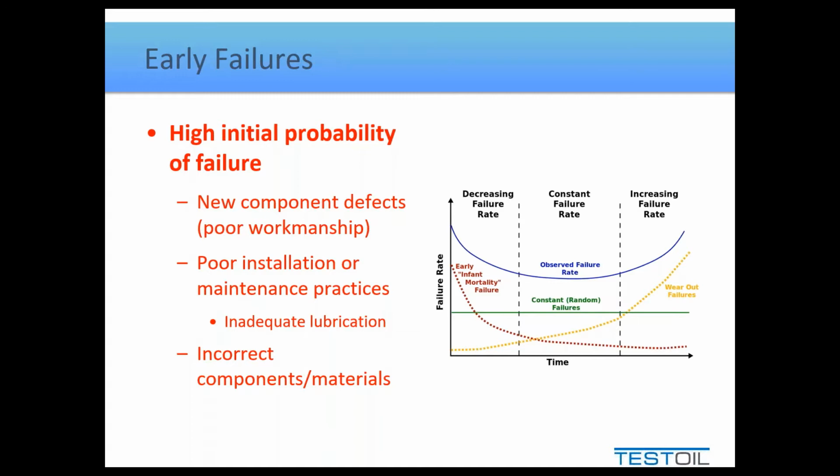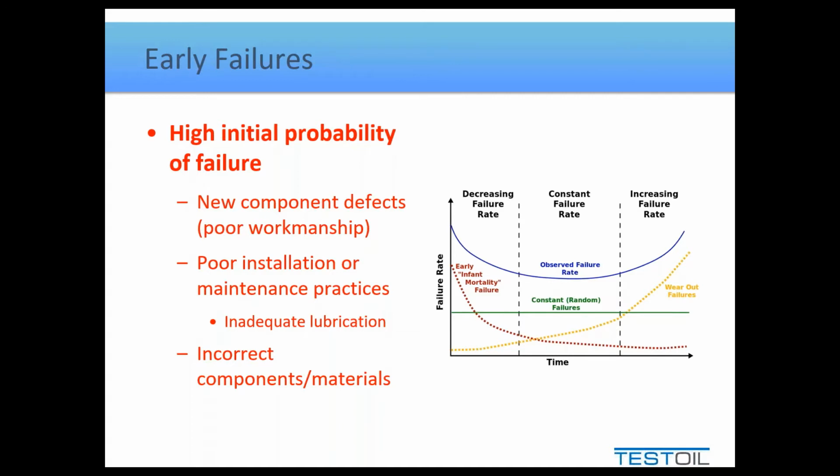Now, why we call it infant mortality is because one of the leading causes of these failures happens within the first few hours, and that is often due to an installation error or an operating condition not being met, but sometimes as well it can be due to defects in the parts themselves. That's a lesser side of the infant mortality curve, but it's often one people go to right away.